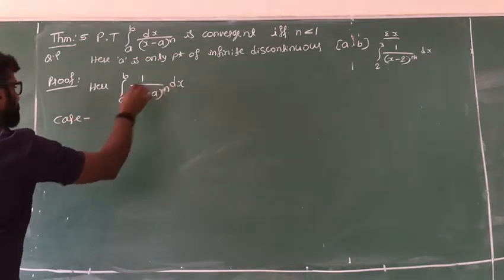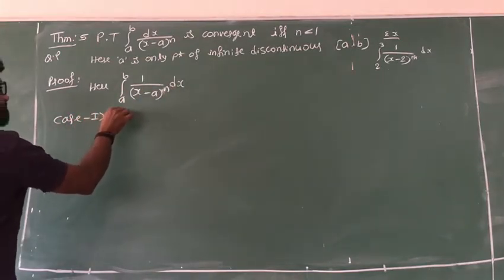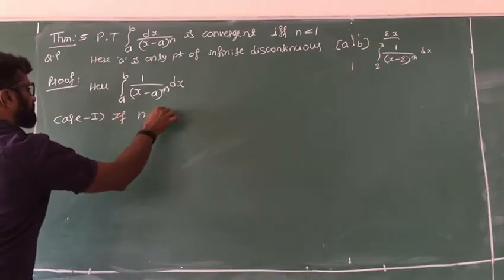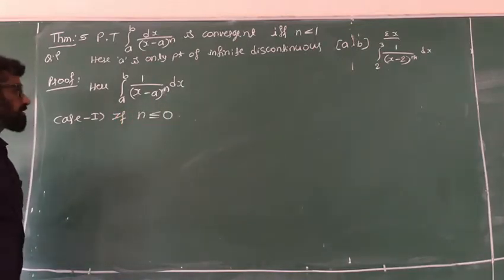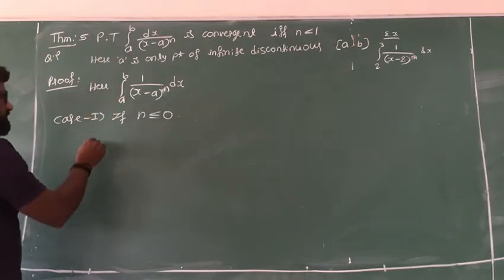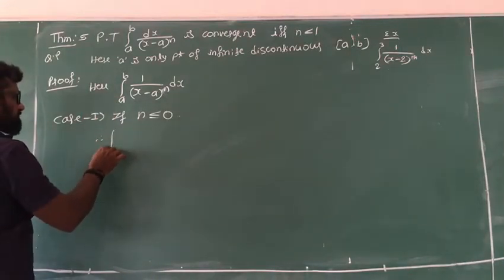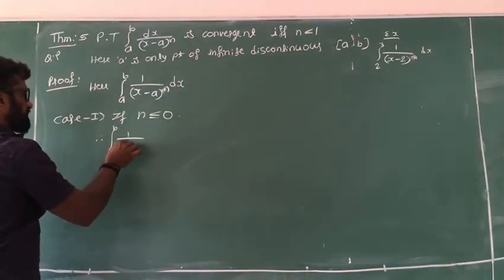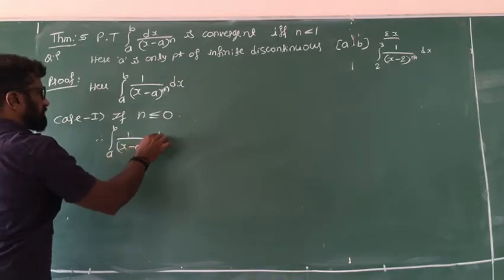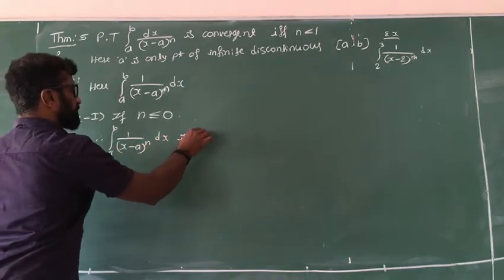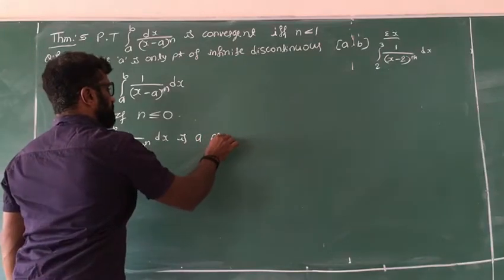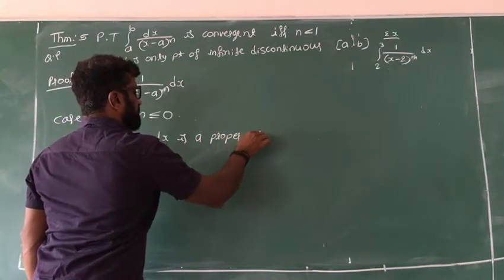Case 1: if n is less than or equal to 0, the given integral, integration of a to b, 1 divided by (x minus a) raised to n, dx, is a proper integral.